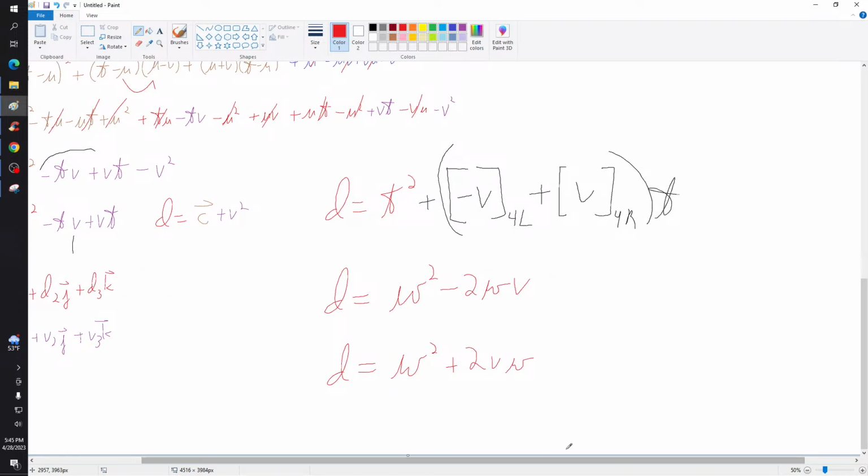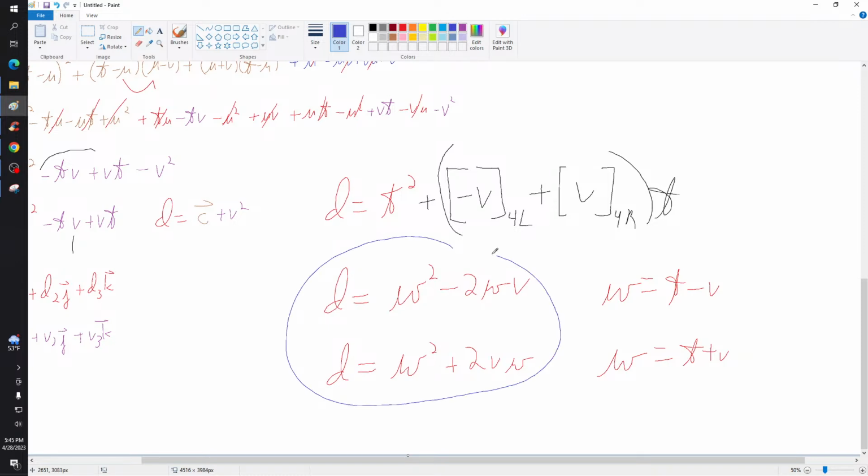And the substitution is just to set W equal to T, in this case minus V, and here the substitution is W equals T plus V. However, this apparent simplification is actually impossible to solve in that form. So rather, the form that we need to solve it in is this one.